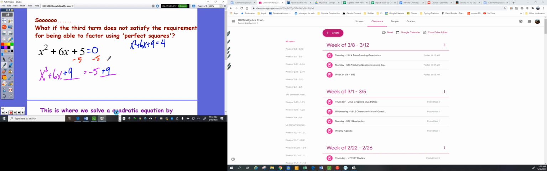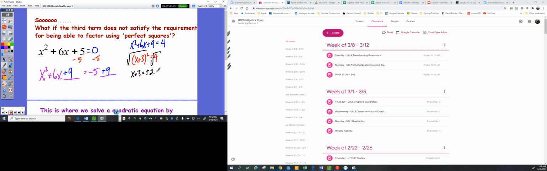What does this factor to? Okay, so x plus 3 squared equals 4. Now remember, how do I get rid of this square right here? I take the square root of both sides. So this square root cancels this square, and we have x plus 3 equals plus or minus 2.